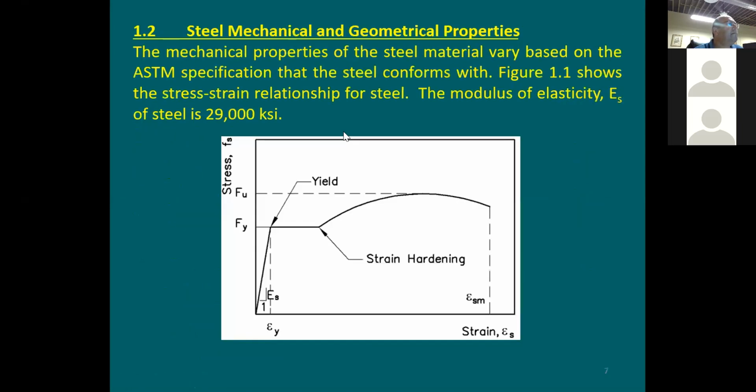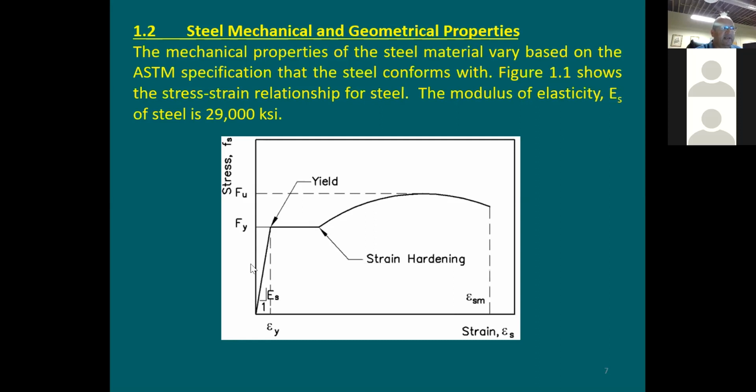All right. Now let's talk here about the structural steel properties. What I really care about when it comes to steel design is a few values that I need to consider. Here, as you see, this is the stress-strain relationship for structural steel. You take a specimen of steel and apply tension to it.